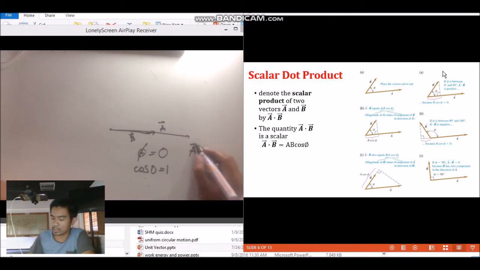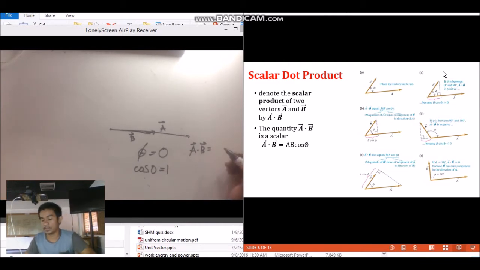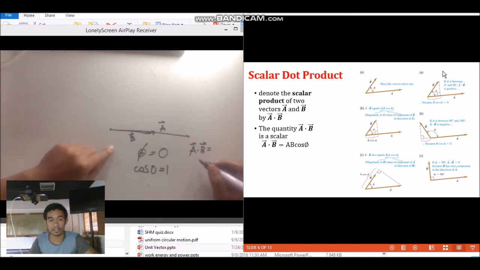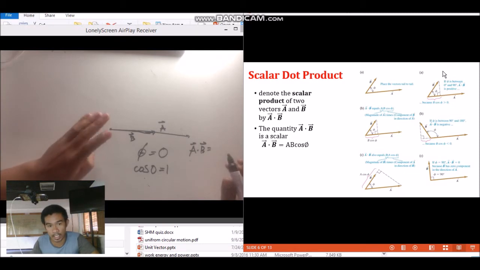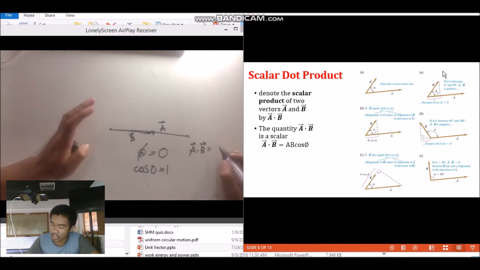So the dot product of vector A and vector B, if these two vectors are parallel, meaning pointing in the same direction, is AB cosine of 0. Cosine of 0 is 1.